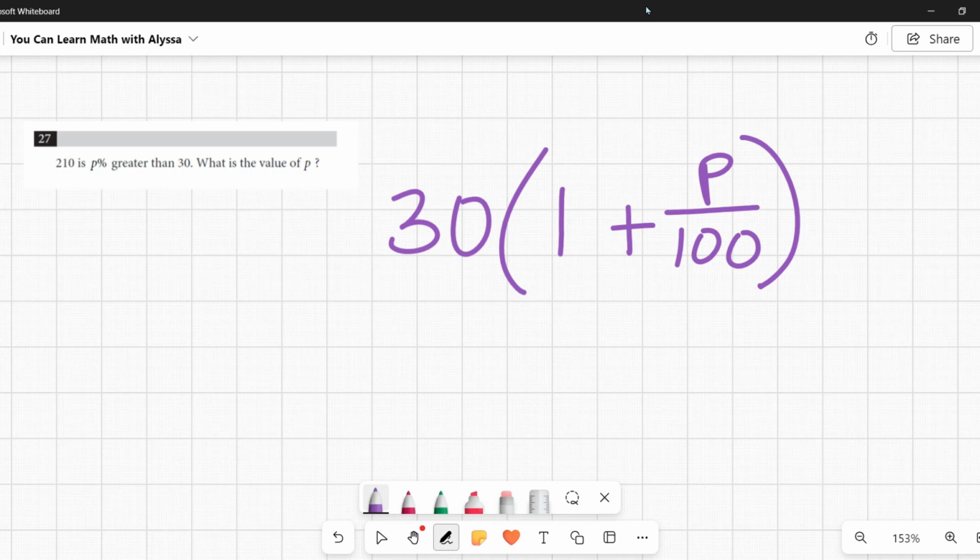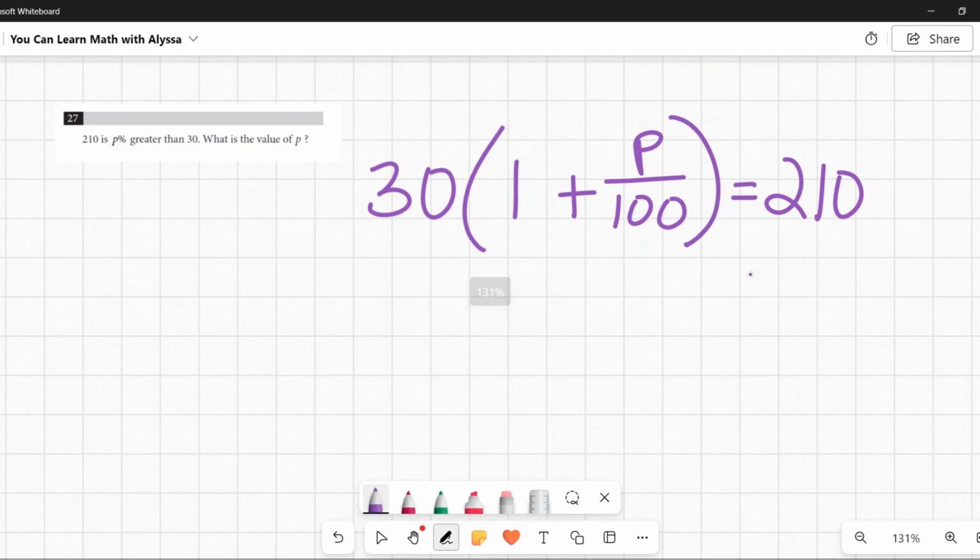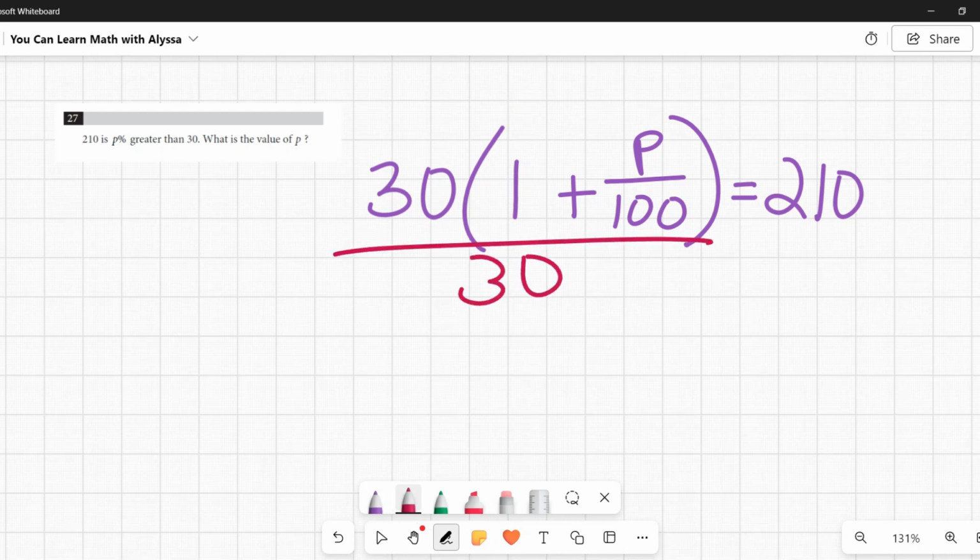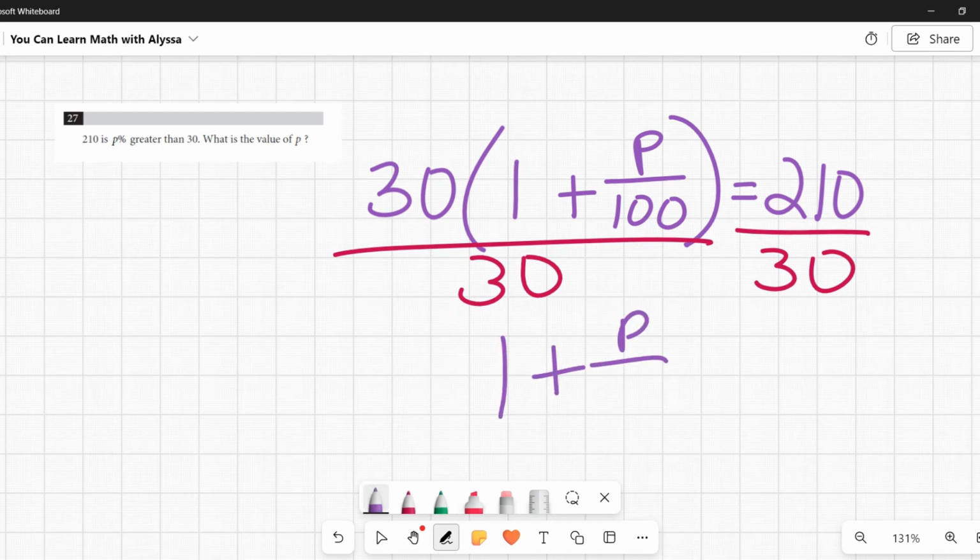So if I multiplied 30 by 1 plus the percent increase divided by 100, it's going to give me that 210. To solve for that, I could distribute, but with that fraction, it's going to be easier just to divide everything by 30 instead of distributing. And then I will get that 1 plus p over 100 equals 7.